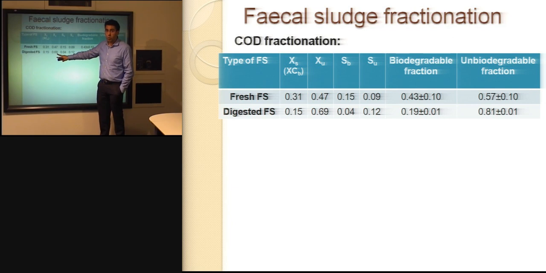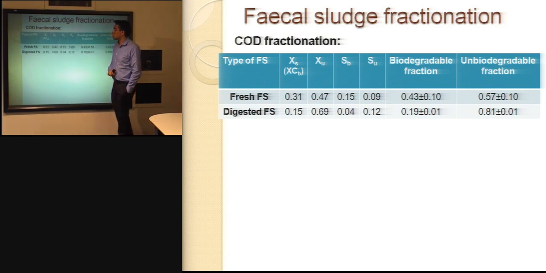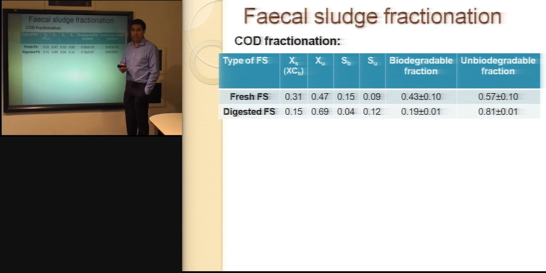This gives us the impression that most of the organics present in the sludge are non-degradable and also particulate. Basically, particulate organics, solids that are being transported or are present in this sludge.